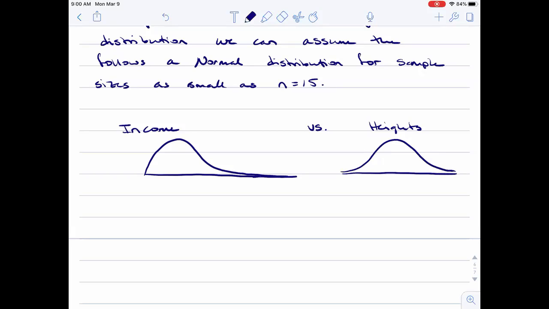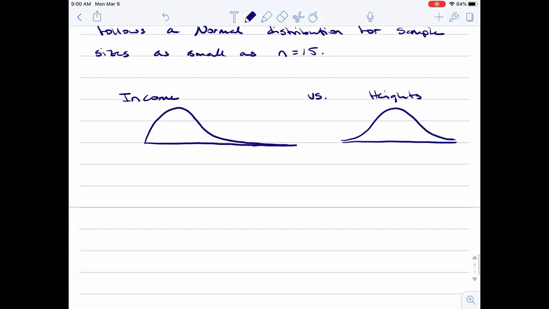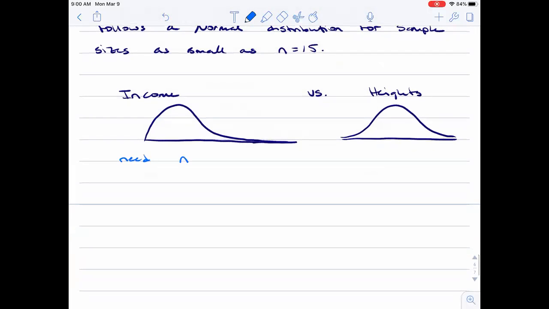So here, for income, we would need n greater than or equal to 25 or 30, for example. And here we would need n greater than or equal to 15-ish, right? Because we're already coming from a normal distribution, so for it to morph into a normal distribution isn't going to take that much.